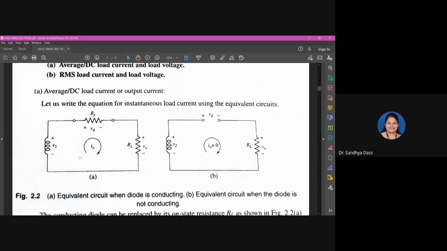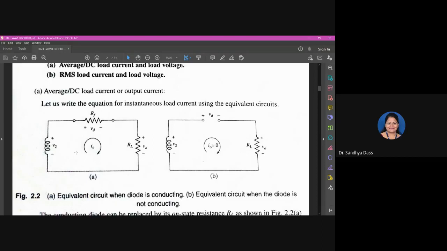So when I apply KVL in this loop, my KVL will be minus V2 plus I naught into RF plus I naught into RL equal to 0. Am I right? Are you with me? Yes, ma'am.